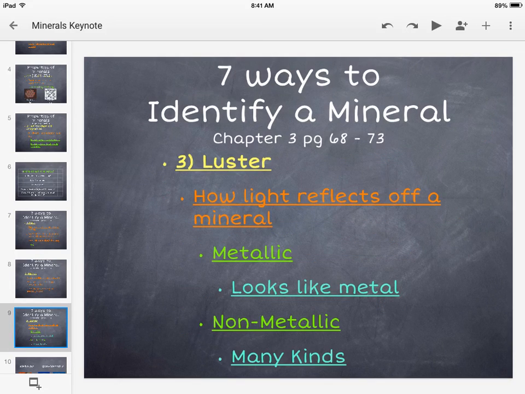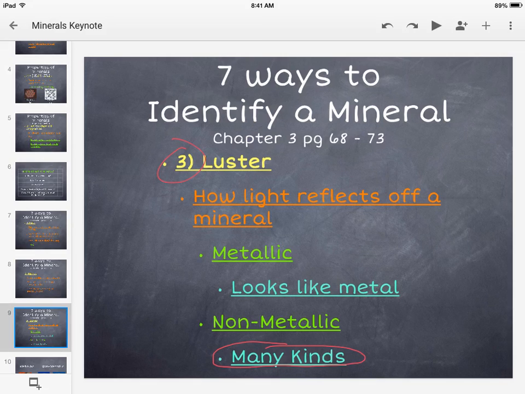Next is the luster. Luster is how light reflects off a mineral. So for 8th grade, we say, is it metallic or non-metallic? There's many kinds of non-metallic lusters out there, like glassy, pearly, waxy, dull, vitreous. These are all non-metallic lusters. For 8th grade, we're talking metallic or non-metallic.